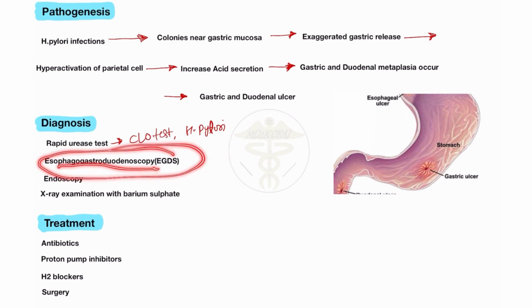Also we will do the esophagogastroduodenoscopy, also called EGDS. In these cases you will see an accompanying biopsy for Helicobacter pylori infection.